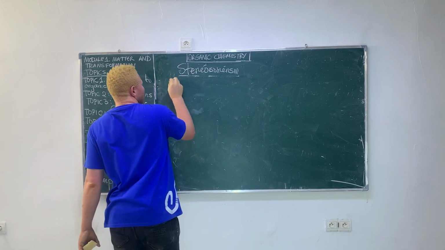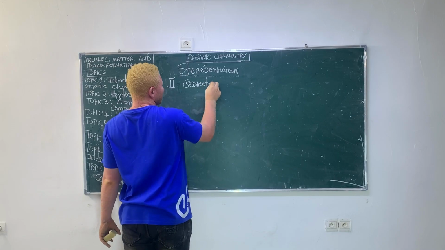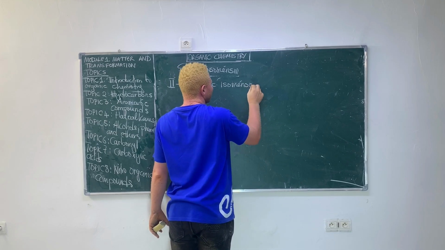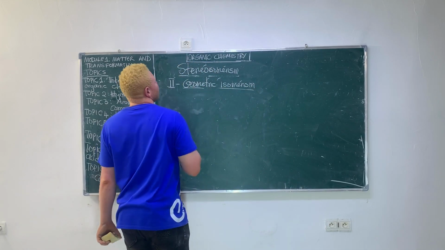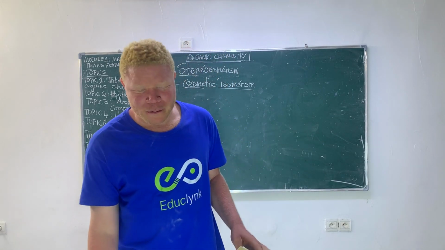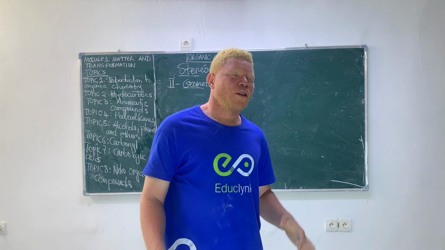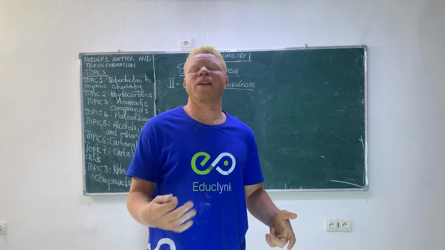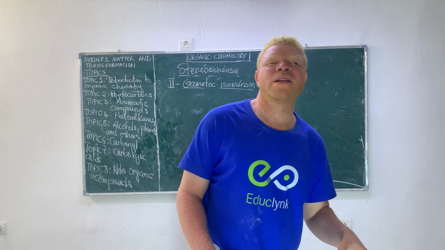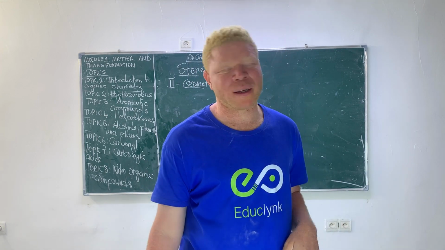Geometric isomerism exists due to the inability of the carbons carrying the double bond to rotate freely in space. Due to this inability, they give rise to two main structures, the E for entgegen and Z for zusammen.